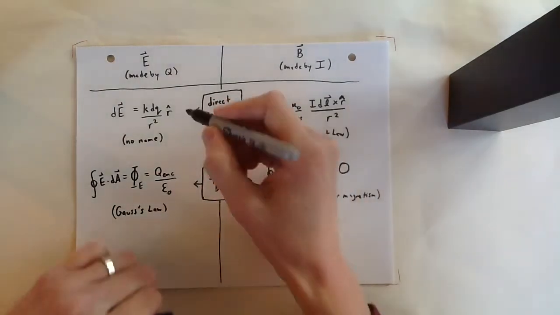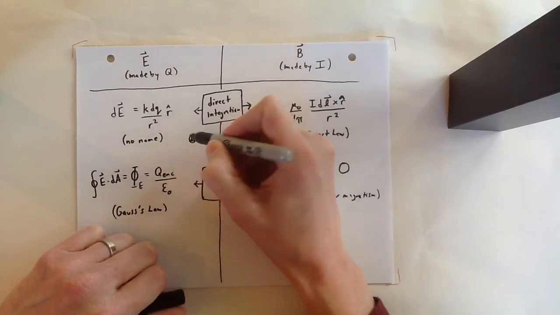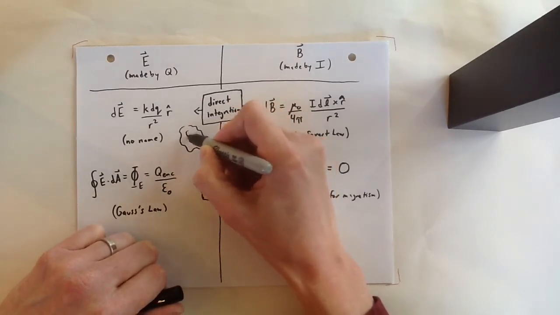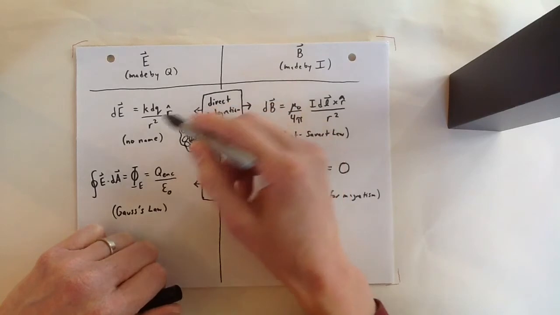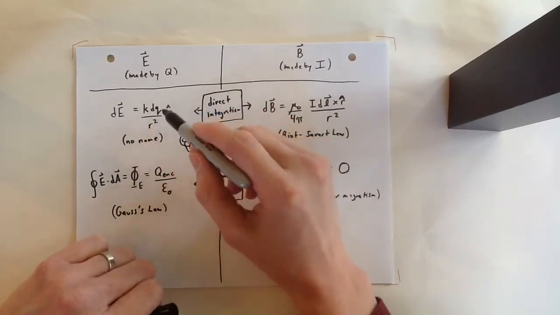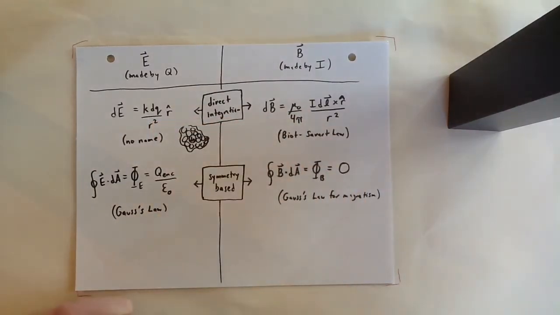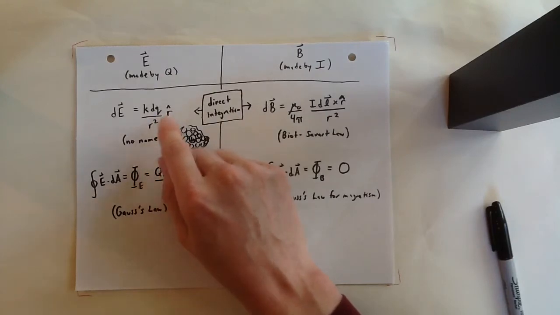And so of course we know how a single point charge behaves, and then we're going to assemble whatever shaped object out of a bunch of those little dqs. So that's how we find the electric field of the whole thing. If you know how to find the electric field of one point charge, a small bit of charge dq, which is dE, then you can go ahead and put the whole thing together. I'll call that the direct integration approach.